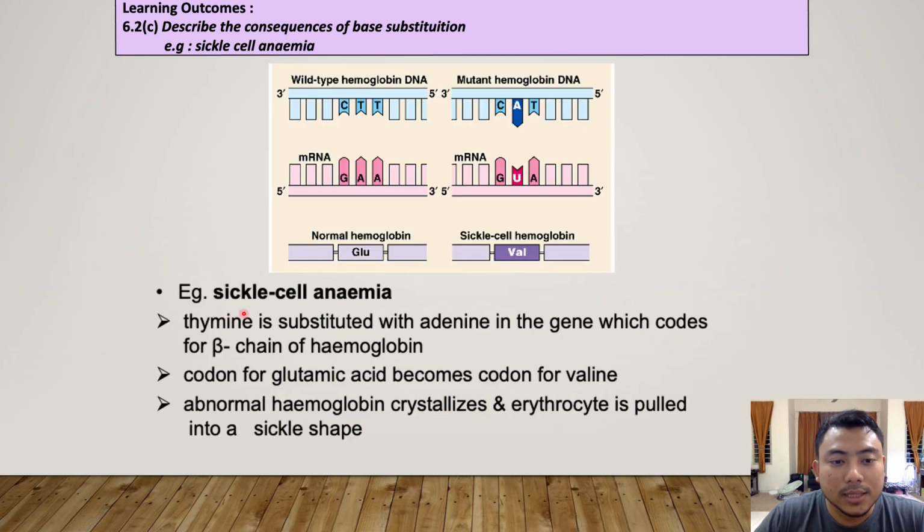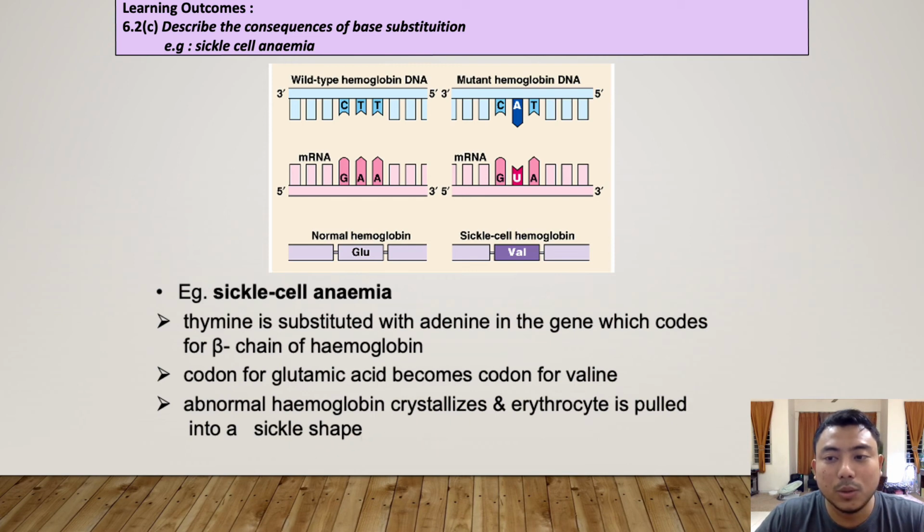So sickle cell anemia, thymine is substituted with adenine in the gene which encodes for beta chain of hemoglobin. So codon for glutamic acid becomes codon for valine. Sepatutnya kita dapat glutamic acid, dapat valine. So abnormal hemoglobin will crystallize and the erythrocyte is pulled into a sickle shape.